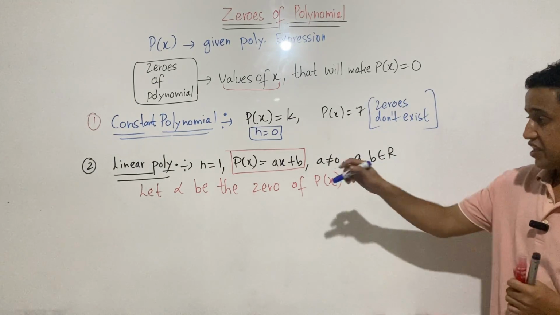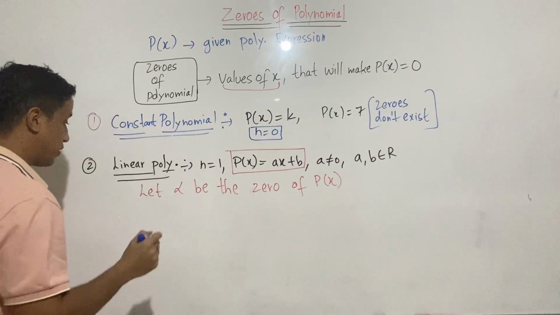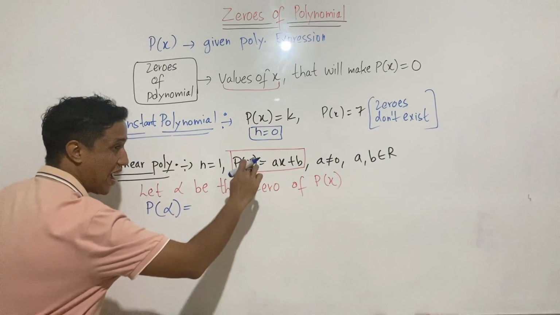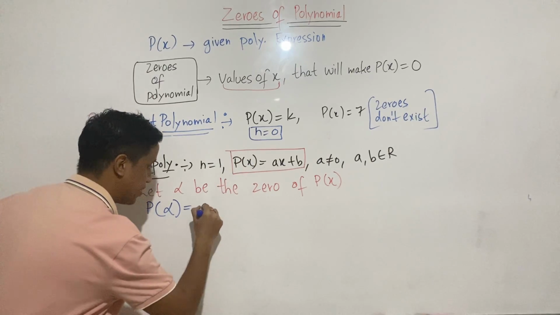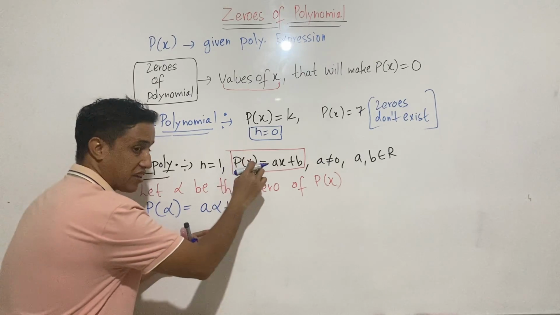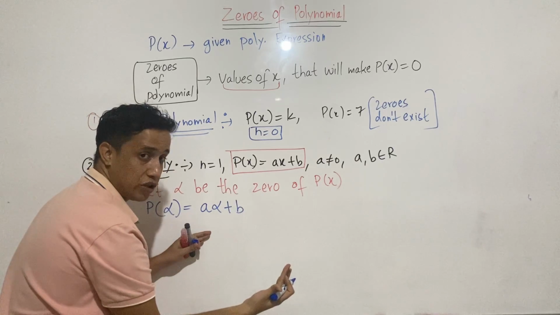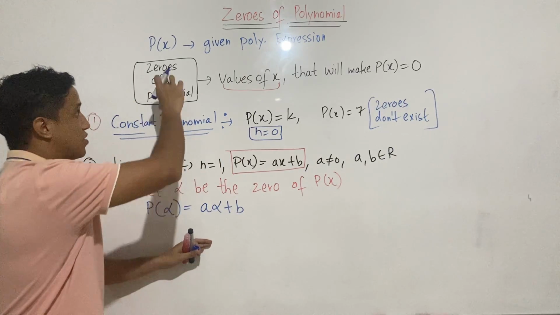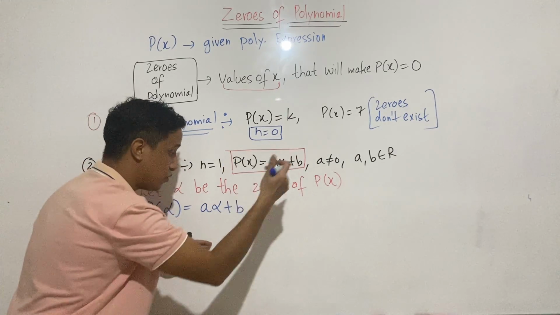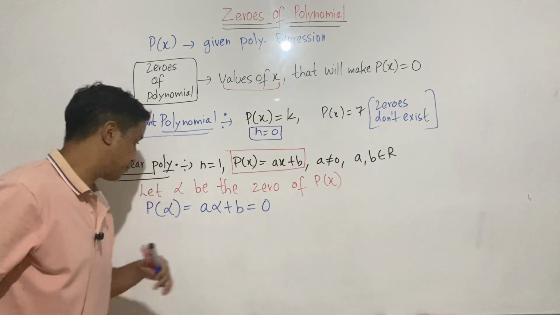Now if alpha is the zero of p(x), then p of alpha, where I replace x by alpha, would be a alpha plus b, and p of alpha must be equal to 0, because zeros of a polynomial means those values of x that can make p(x) 0. I hope you understand this thing.